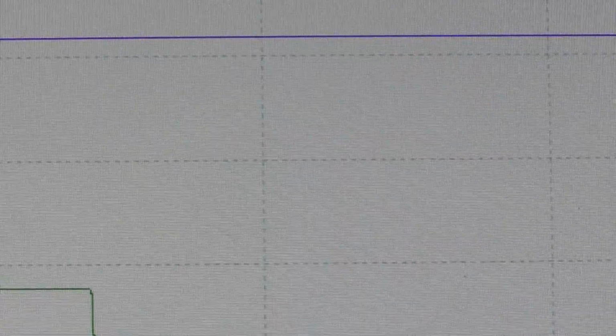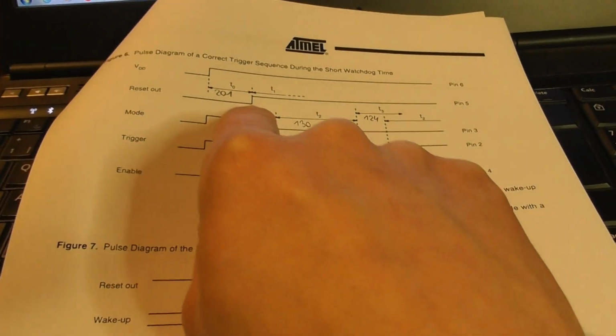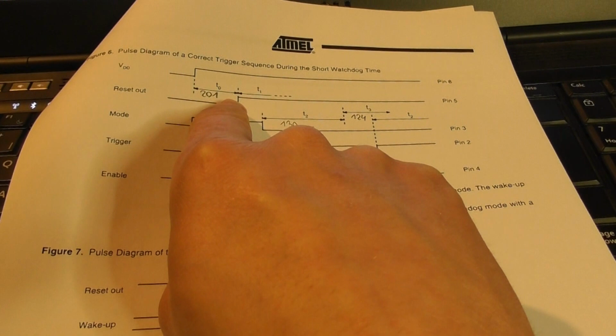Here we have a delta of 6.5. This is not way out of range. It depends where it switches. I think this time is correct. This is in range.